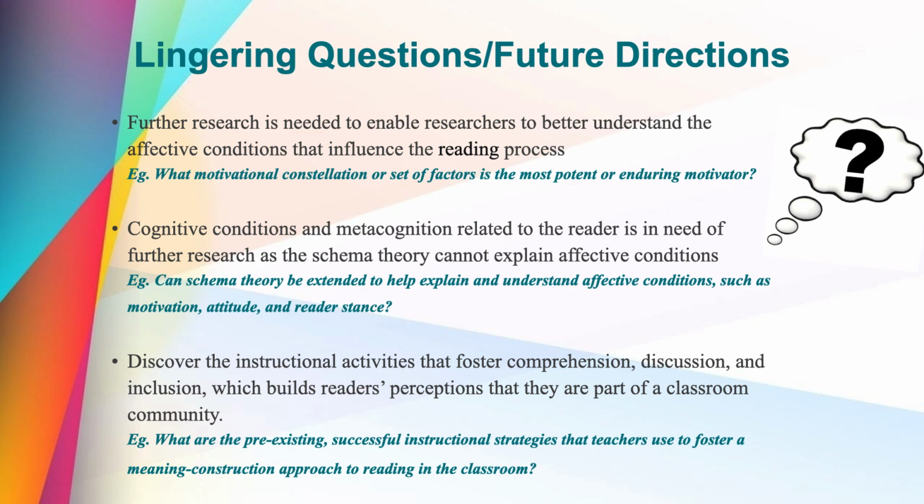Two, cognitive conditions and metacognition related to the reader is in need of further research as schema theory cannot explain affective conditions. Example, can schema theory be extended to help explain and understand affective conditions such as motivation, attitude, and reader stance?